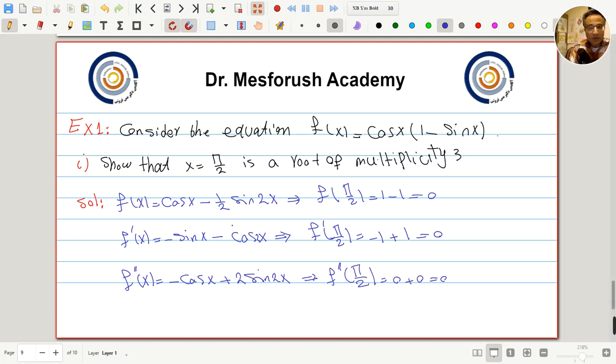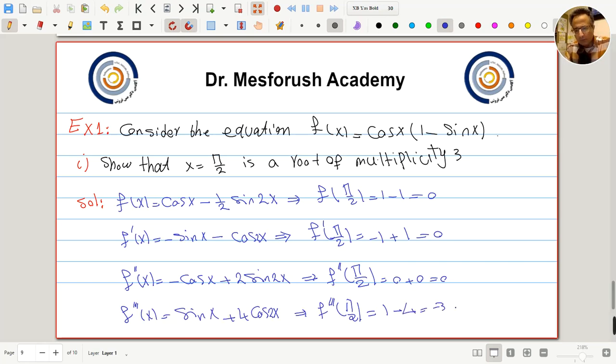Okay, now finally let me compute f triple prime of x. It will be sine of x plus 4 cosine of 2x, and this gives at pi over 2: 1 minus 4, and it will be minus 3, and this is not equal to 0.